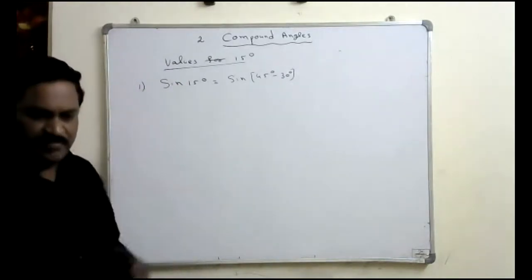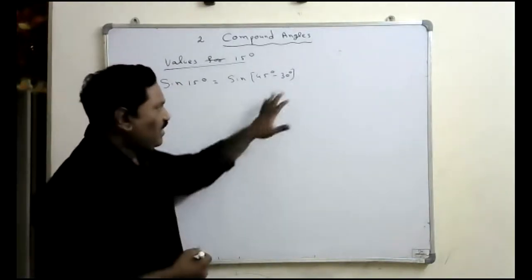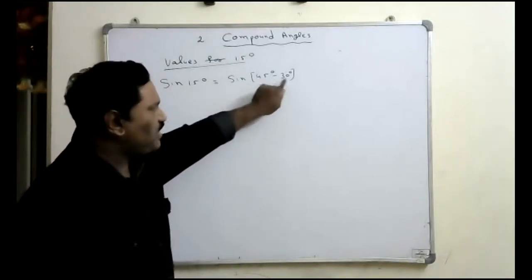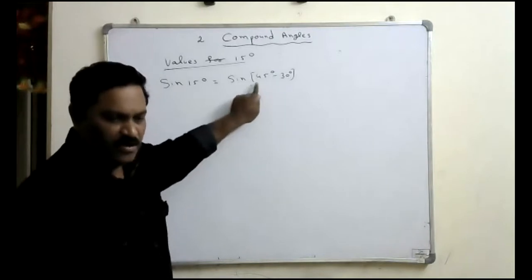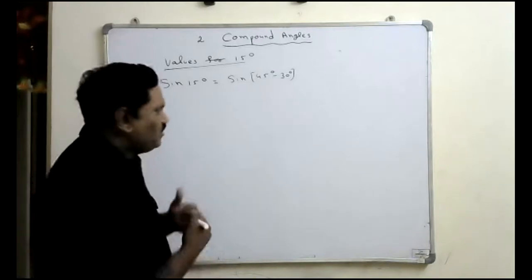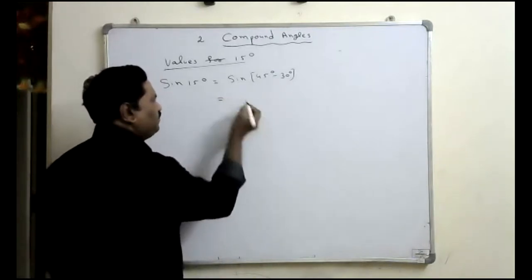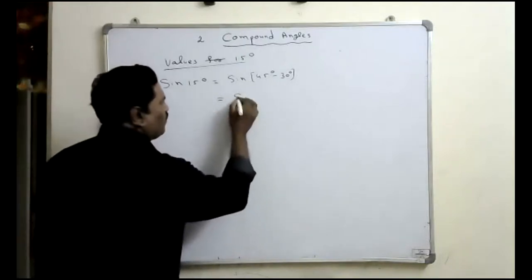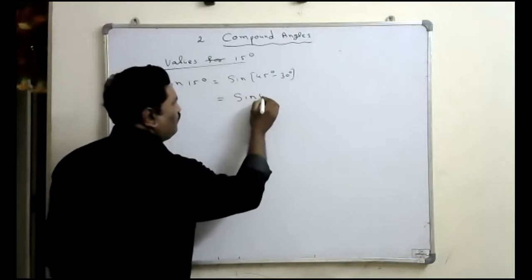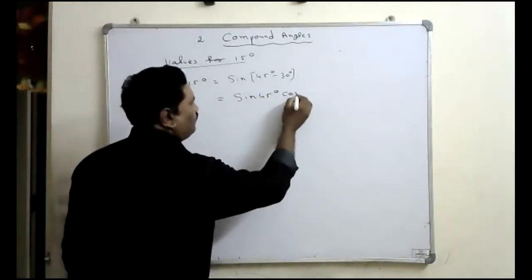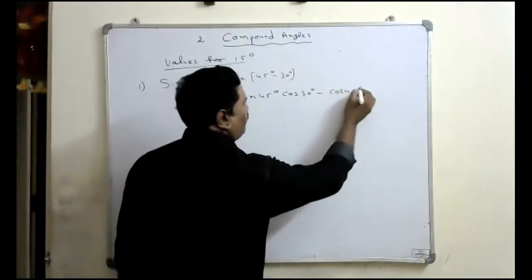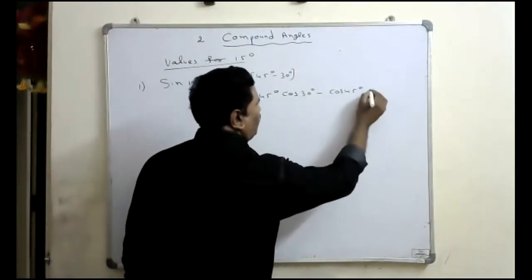Now it is in the form of sine of A minus B. What is the formula for sine of A minus B? Sine A cos B minus cos A sin B. So we can write it like that.